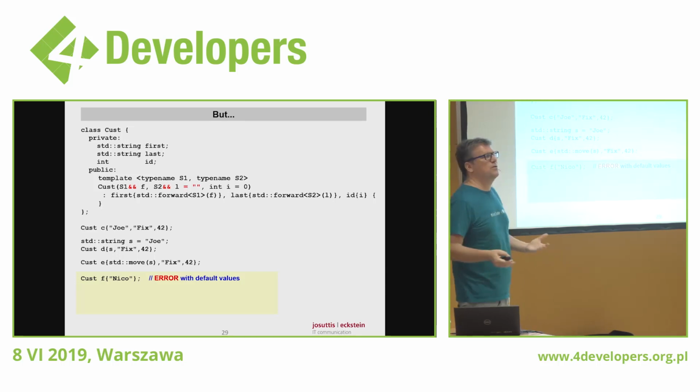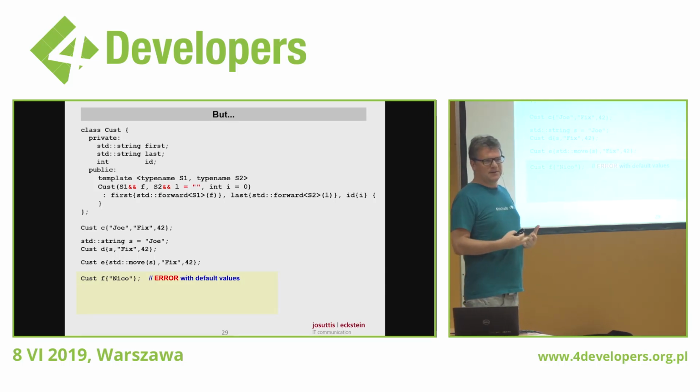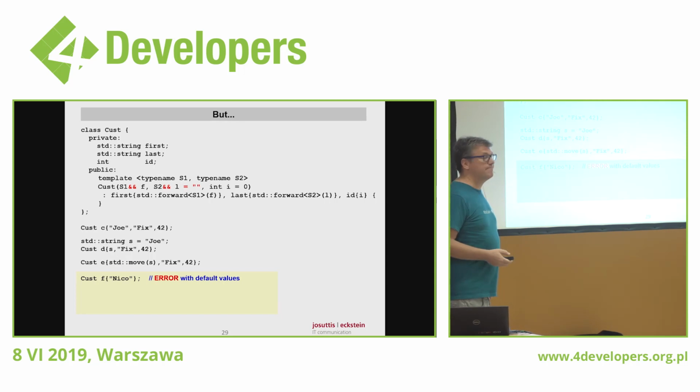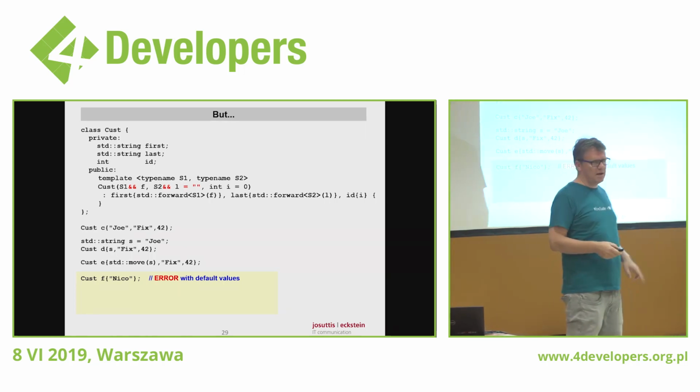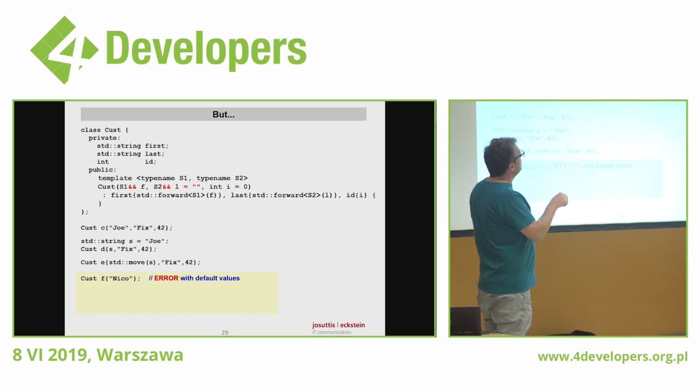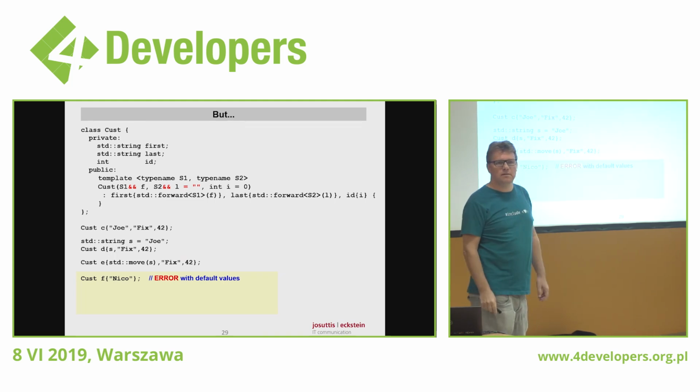So this was the first thing that didn't compile. Why? Because there's a rule when you use templates in C++ that you can't deduce the type of template arguments from default arguments. It's simply not supported. So the compiler will tell you, I don't know what S2 is, what the type of the second argument is.